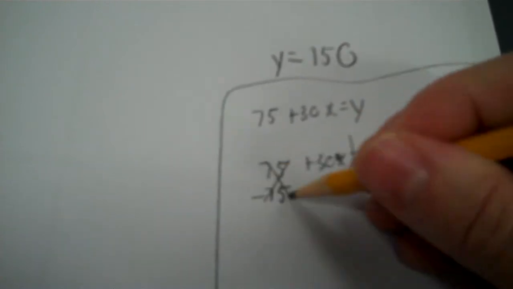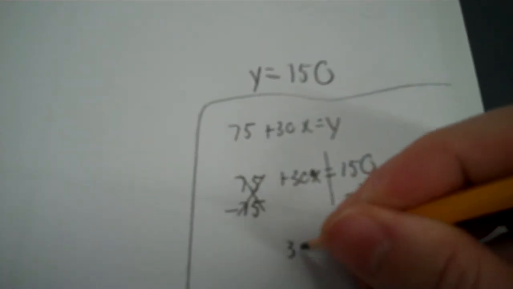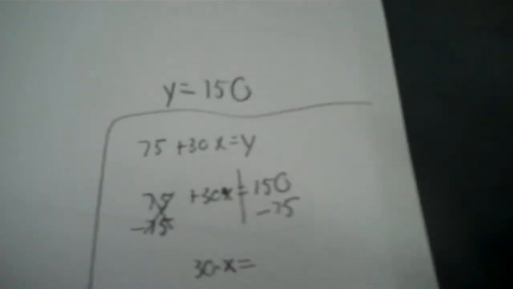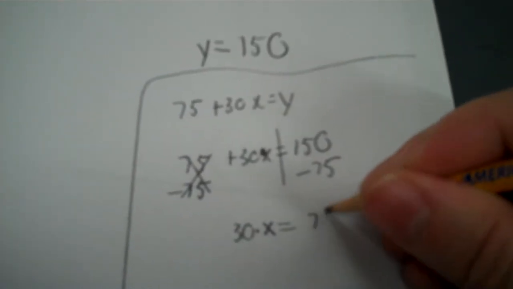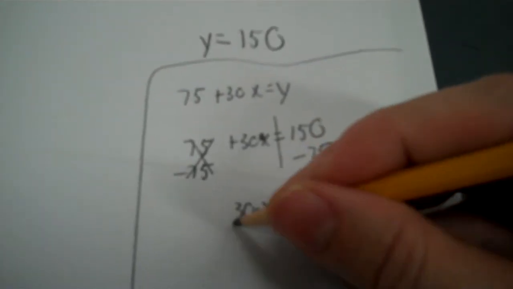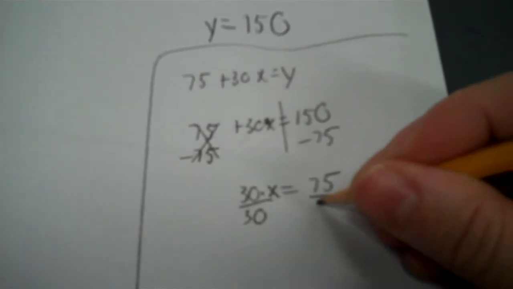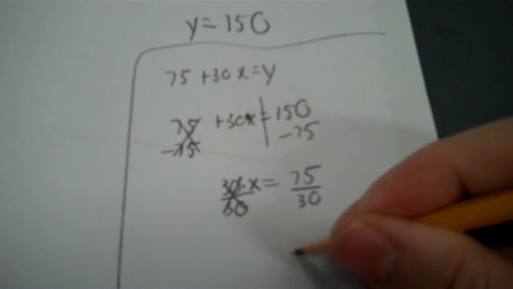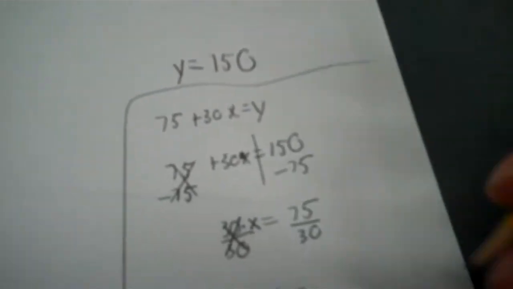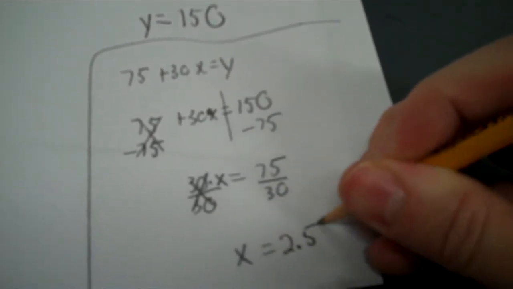That takes that to 0. I've still got 30 times x, and then 150 minus 75 is 75. And I divide both sides of the equation by 30, because the opposite of times is divide, of course. 75 divided by 30 is going to be 2.5. So hours is 2.5.